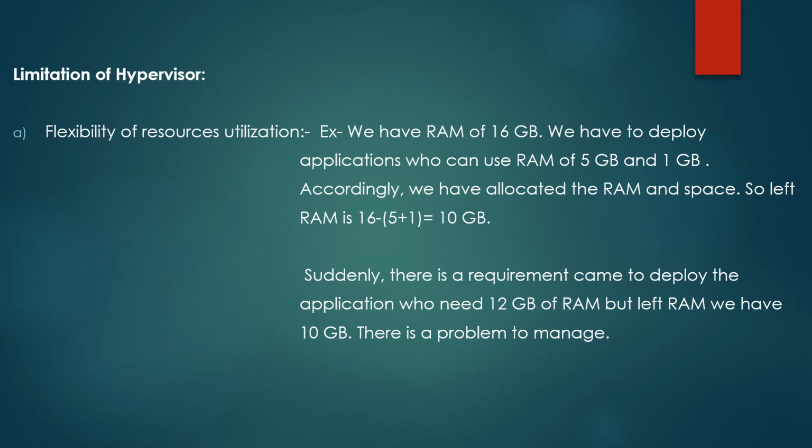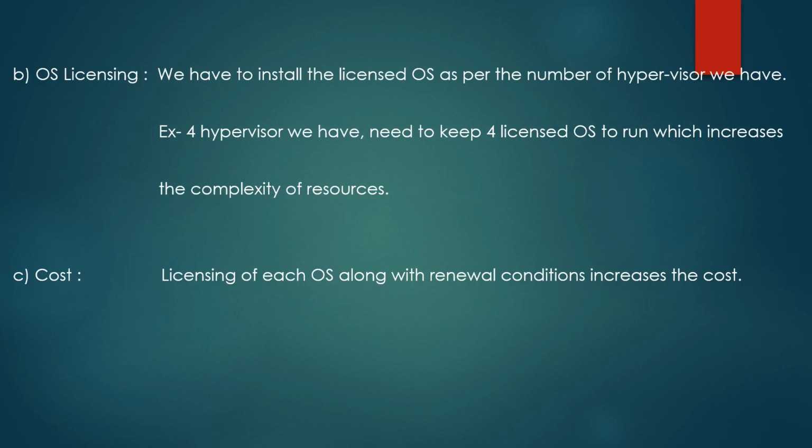But suddenly a requirement came to deploy an application that needs 12 GB of RAM, but the left RAM we have is 10 GB. So there is a problem, because whatever RAM we require is not available at that time, right? So this is a major problem in a hypervisor.